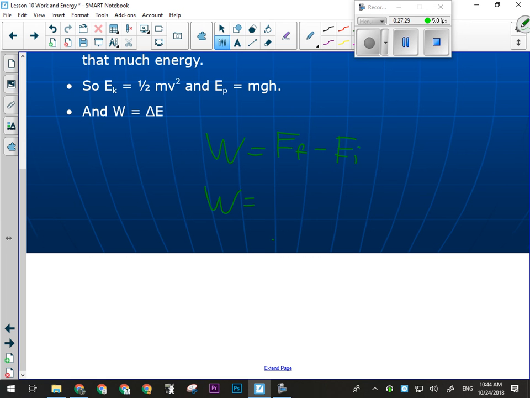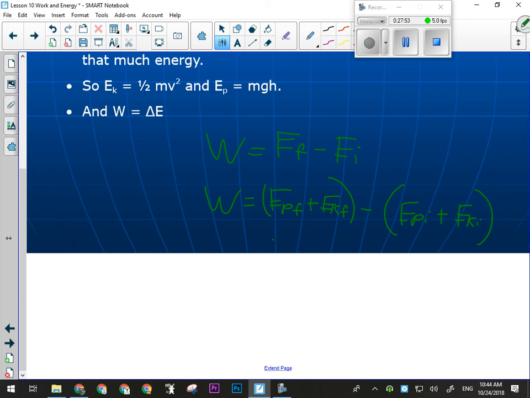Work is equal to the final potential plus the final kinetic, minus the initial potential plus the initial kinetic. Because we said mechanical energy is kinetic plus potential. Everybody all right with that?